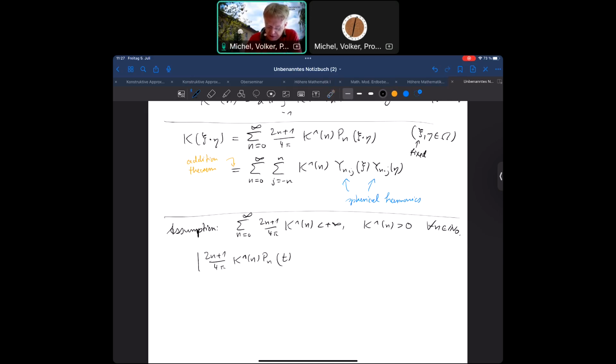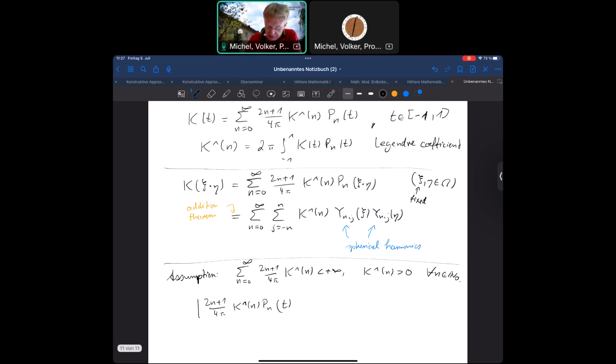I will write it as a t again, so let's use the version above, easier. So I can estimate that now. Certainly the absolute value of this is just the value again. K hat n is non-negative, so I can skip the absolute value here.